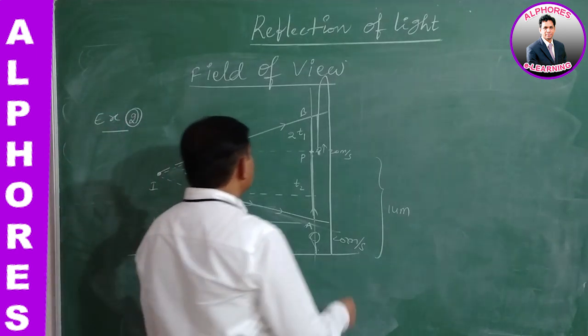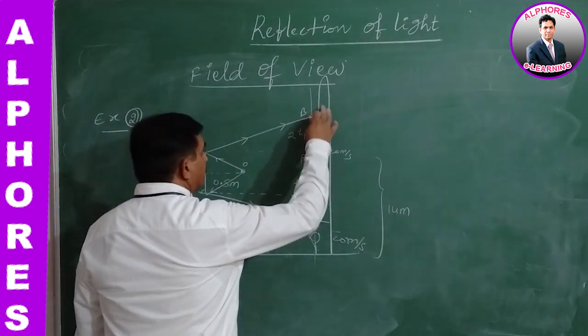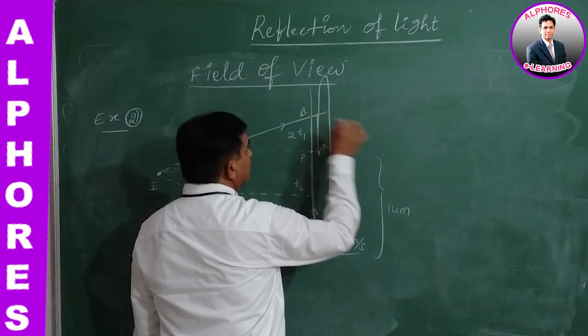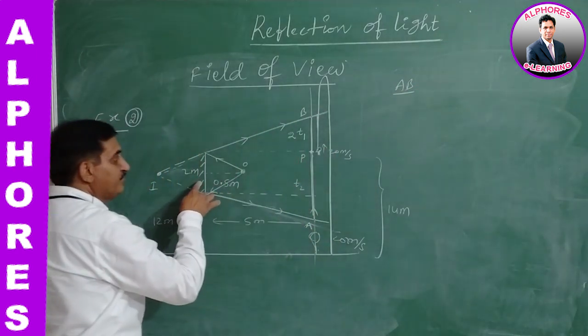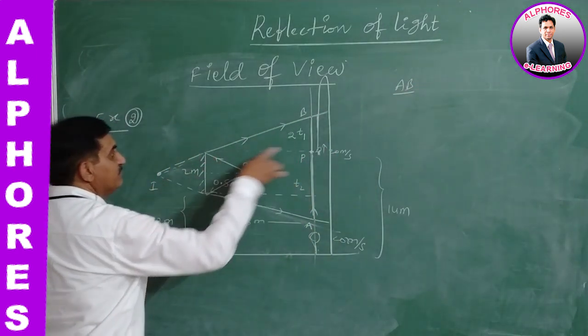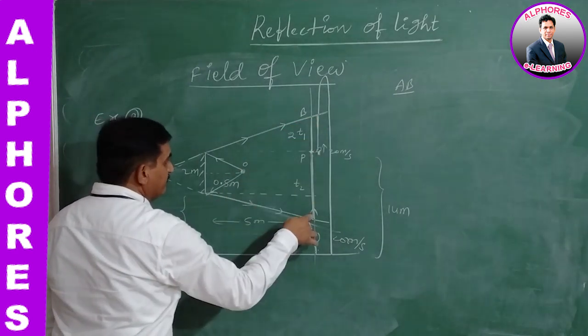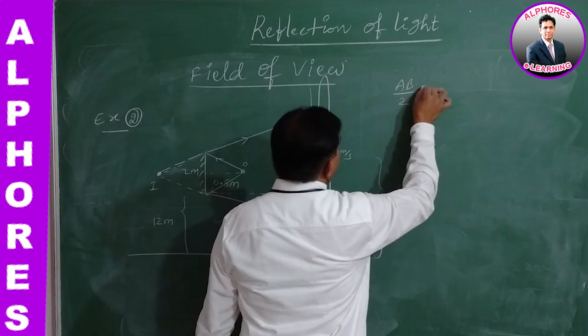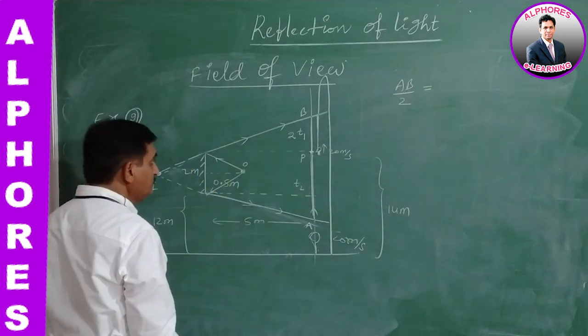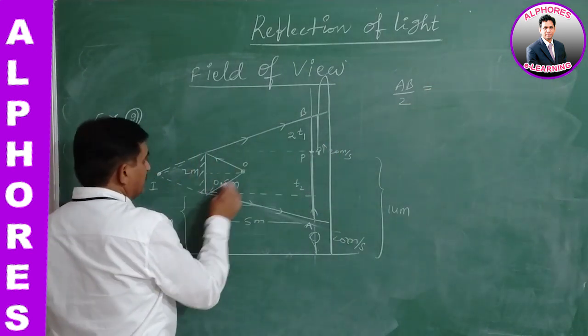Alright? So first go for this one, the field of view. This is AB. AB by the ratio of corresponding sides, these are similar triangles. AB by 2 meters is equal to this total distance.